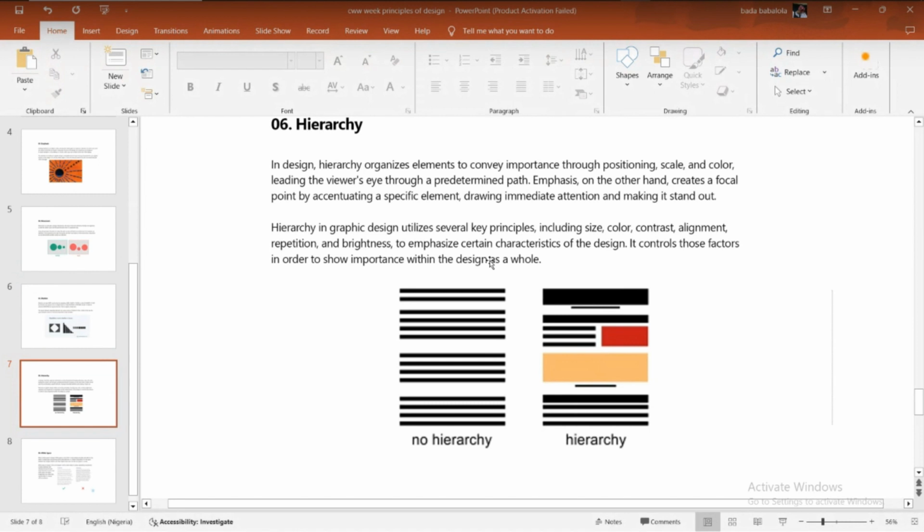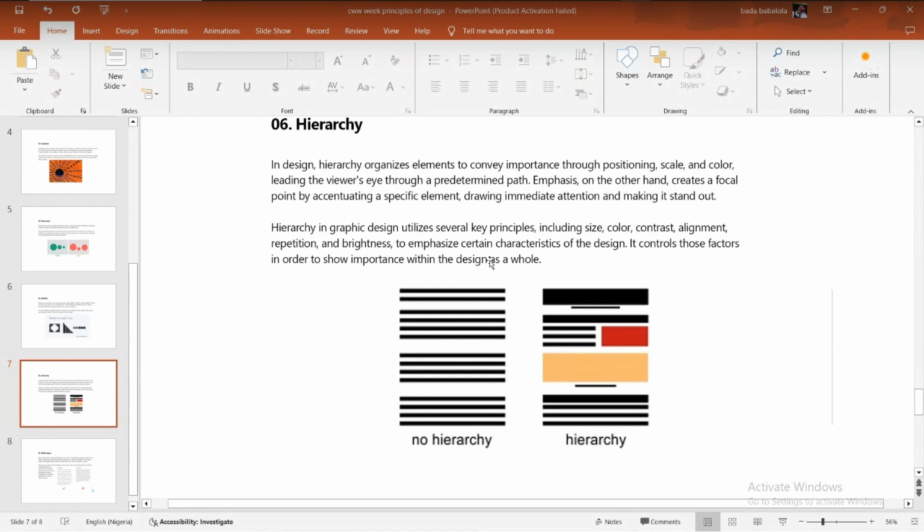The date of the event can actually be bigger than the name of my dad, because that is the day that we'll be getting married. The name of my dad will be there as my father, but it does not mean that it's going to take the same size or the same hierarchy or the same emphasis as the date of the event that I'm inviting you for. So I just hope that we get to understand all of these principles.